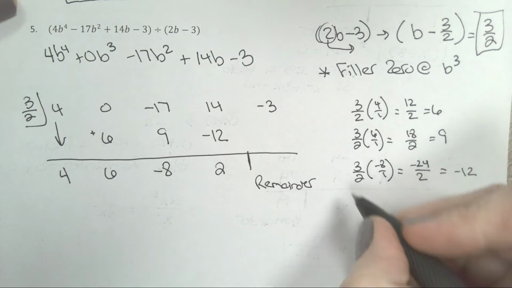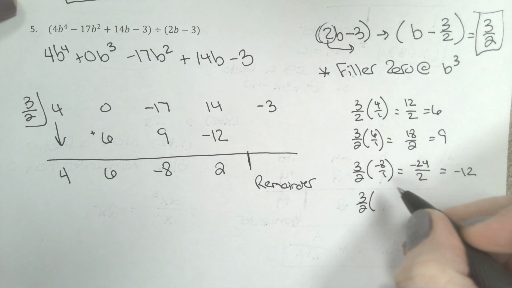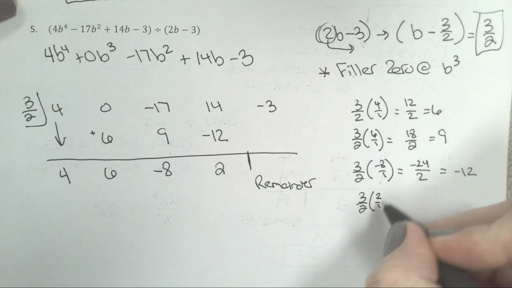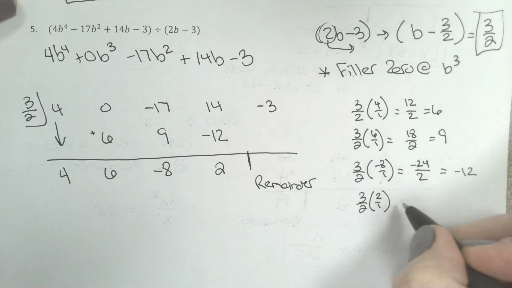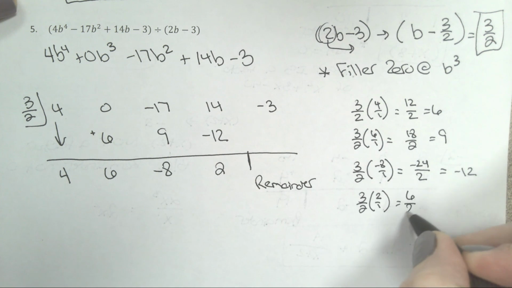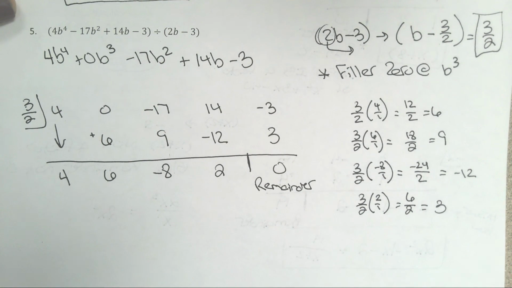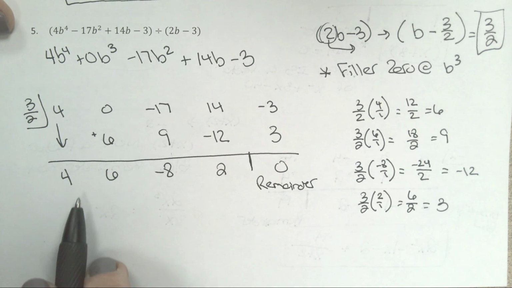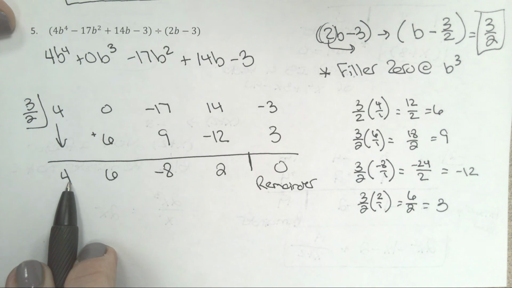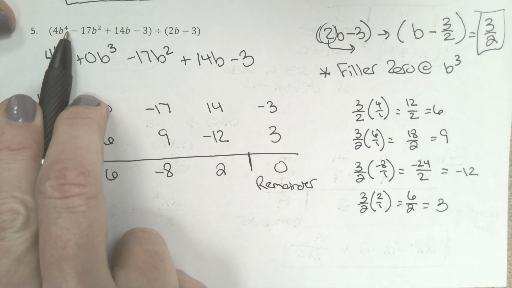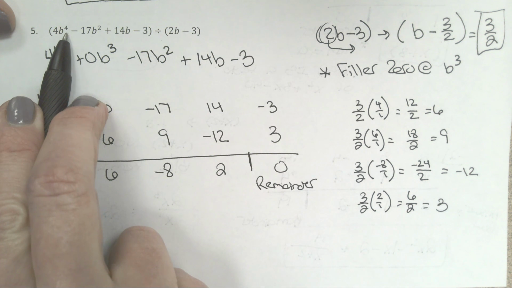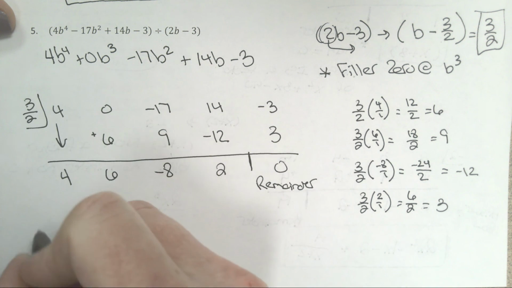Multiply again. 3 halves times 2 over 1 equals 6 over 2, which reduces and equals 3. And when you add down, you get a 0. All right. What is the answer here? So we're going to put the variables back, starting with your exponents one less than what you started with.